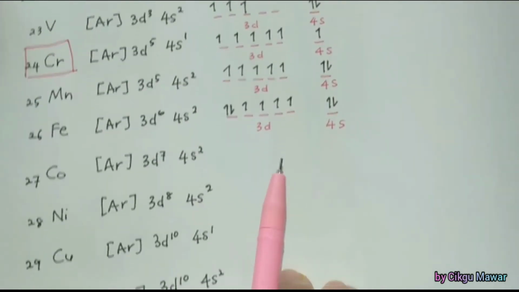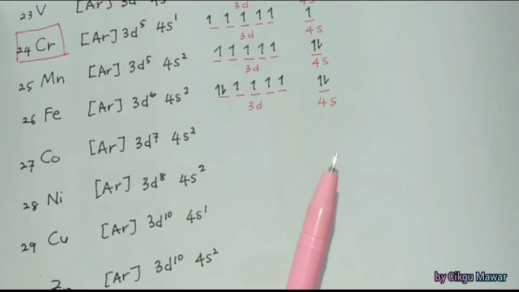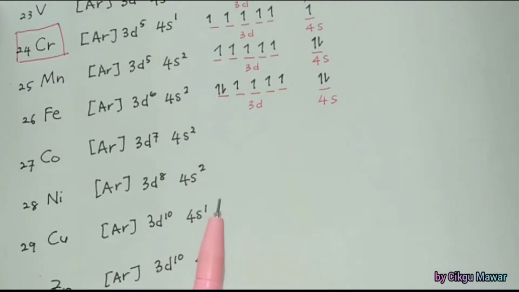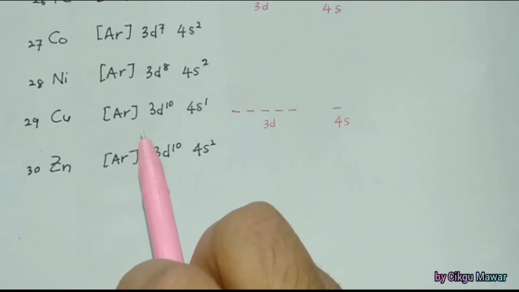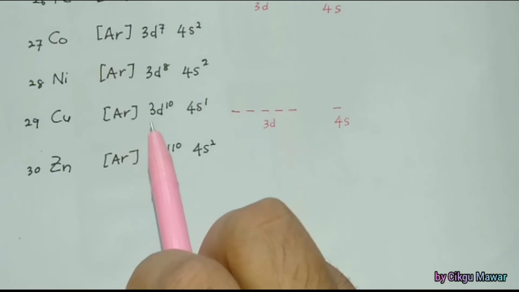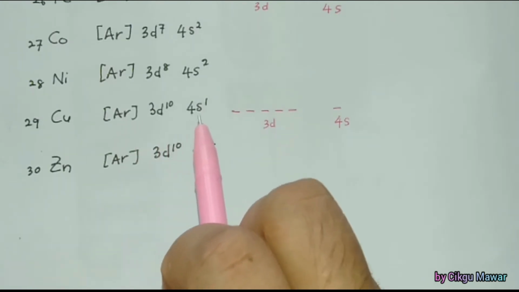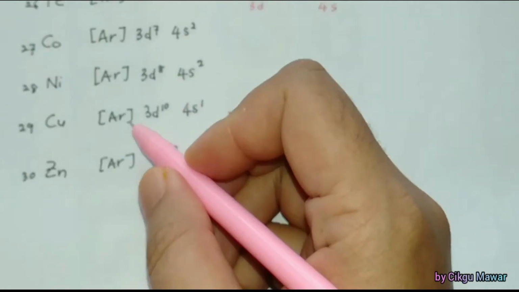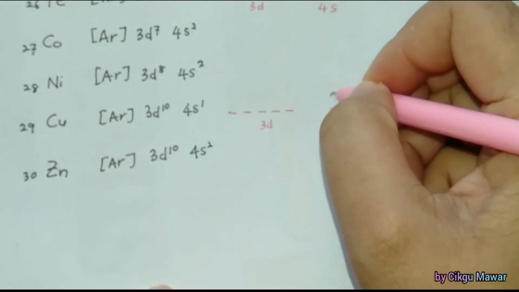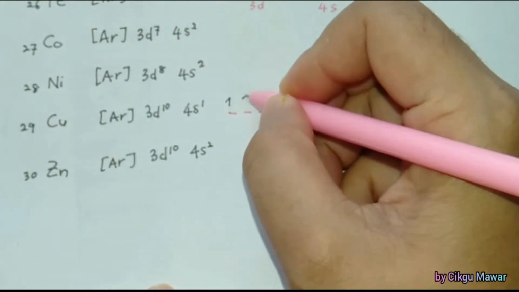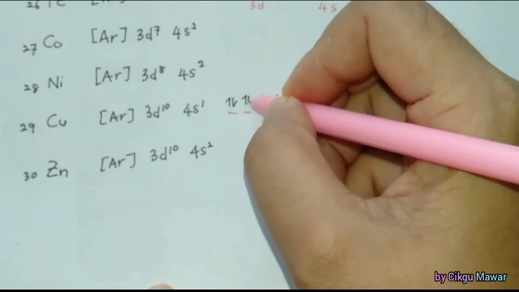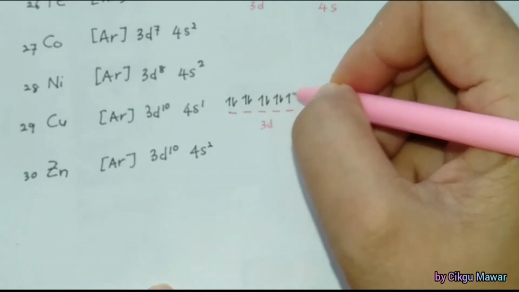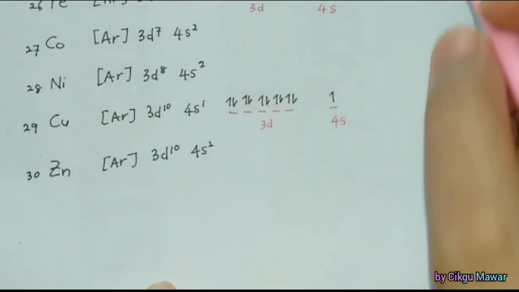So you can write down all the orbital diagrams until zinc. Let's take a look at copper. Copper is also special because its electronic configuration is 3d10 4s1. So 18, 19, 20, 21, up to 29.